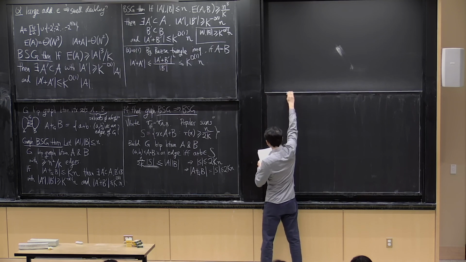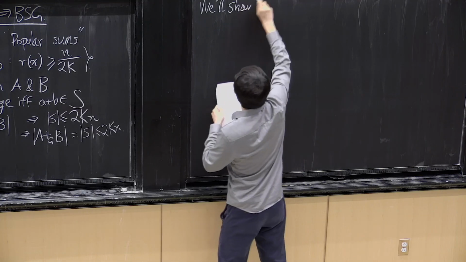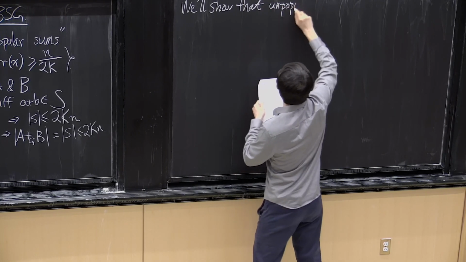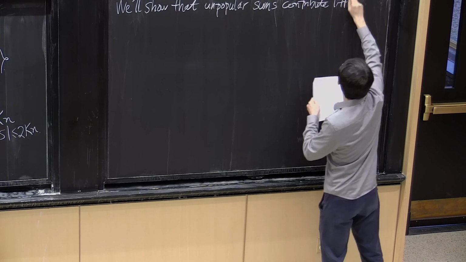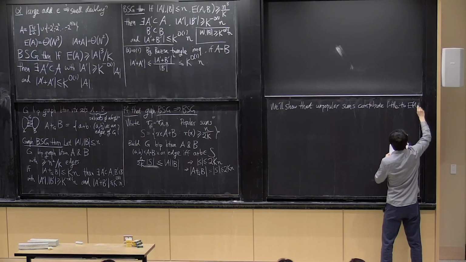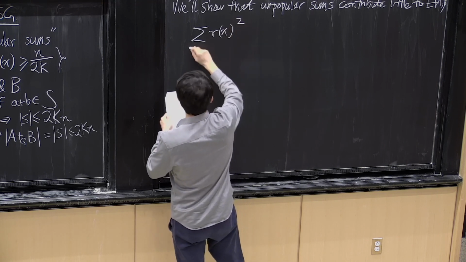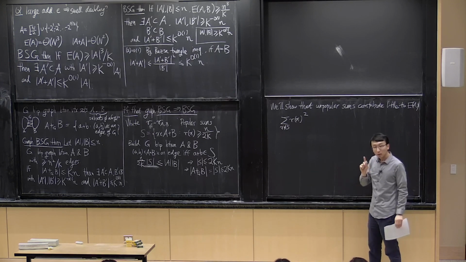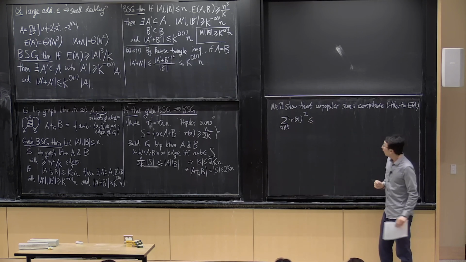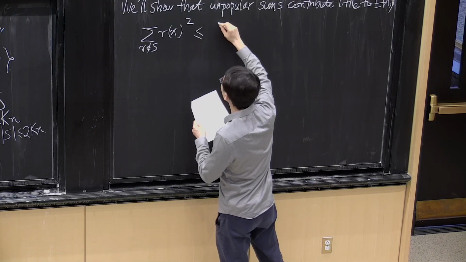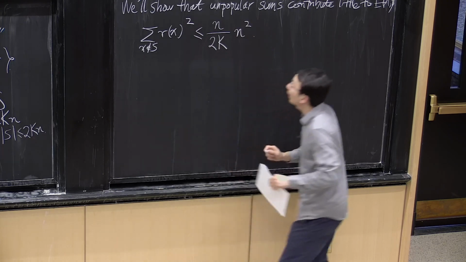Okay, so let's lower bound the number of edges of G by first showing that the unpopular sums contribute very little to the additive energy between A and B. Indeed, the sum of the squares of the r's for x not in popular sums is upper bounded, I claim, by the following quantity, n over 2k times n squared.